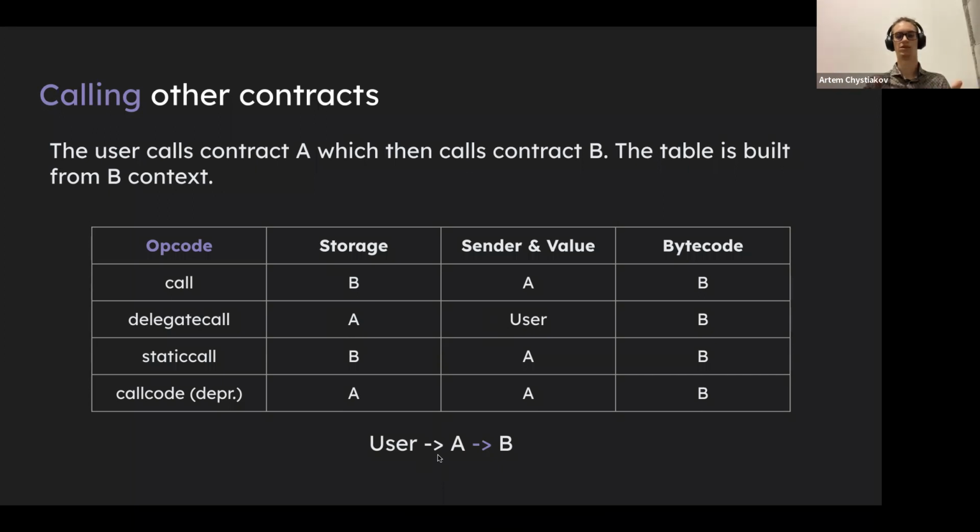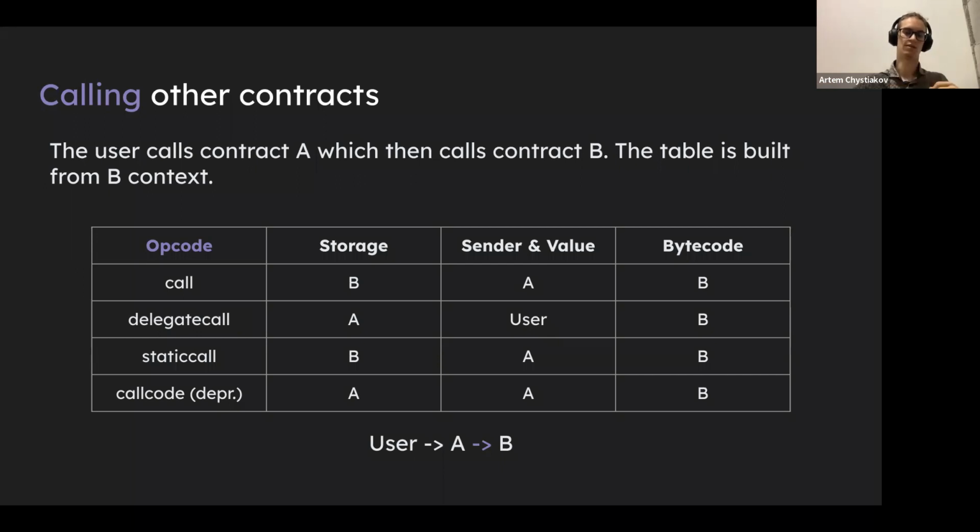So basically the message sender inside the B execution context will be the user, but not contract A. And the bytecode of contract B gets executed. So basically, what does delegate call do? It uses the bytecode of contract B to change the storage of contract A.